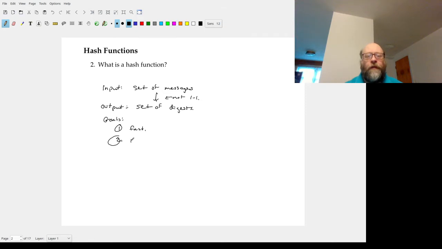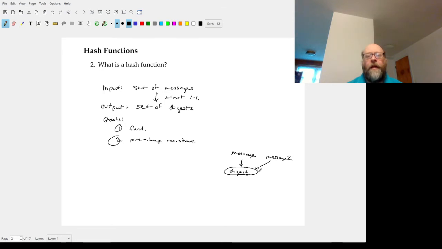We want this to be what's called pre-image resistant. Which means if I know what the digest is, but not the message, so if the digest has been compromised, I don't want to then be able to create a second message that produces the same digest.